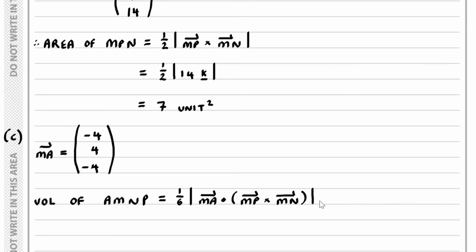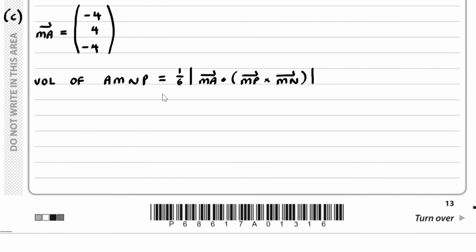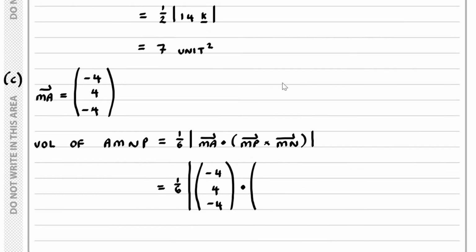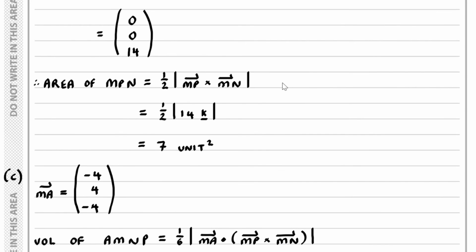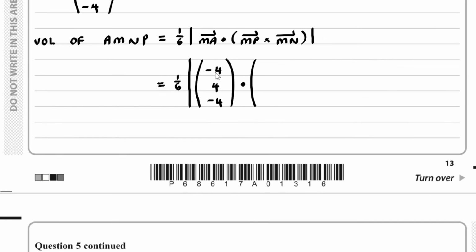So we can work this out. So if I work out what this is, I've got 1/6 multiplied by, well, here I've got -4, 4, -4 dot with MP cross with MN, which we've worked out to be 0, 0, 14.